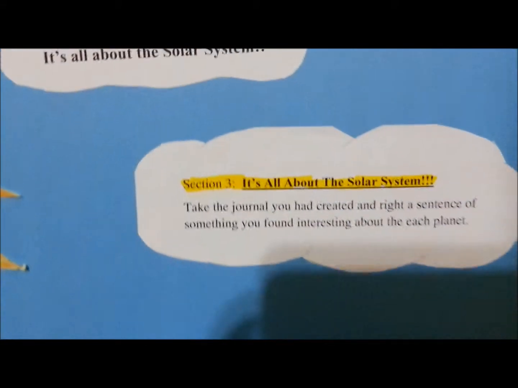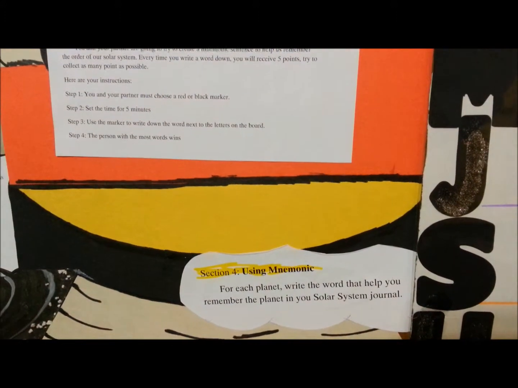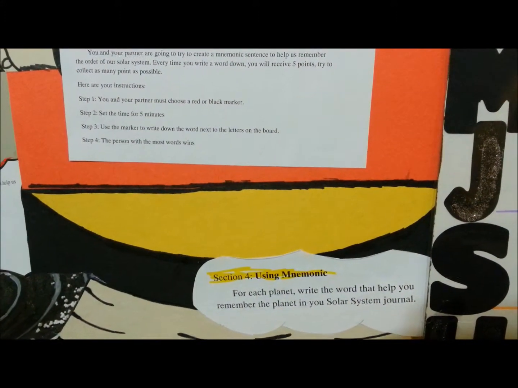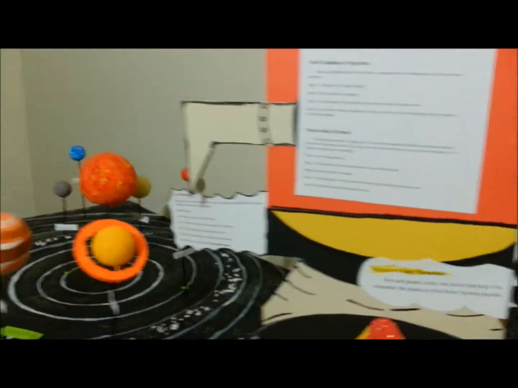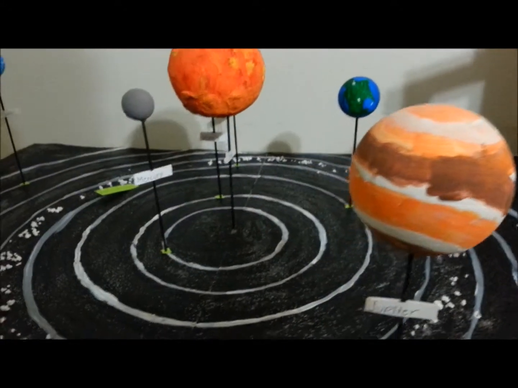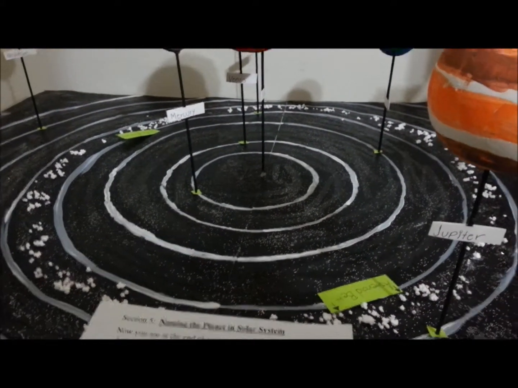We're going to move on then to section 3. It's all about the solar system. Moving on, we have section 4, using mnemonics. I believe that's pronounced correctly. And then our last section here is going to be section 5, which is naming the planets in the solar system.